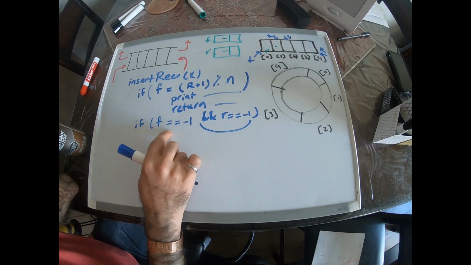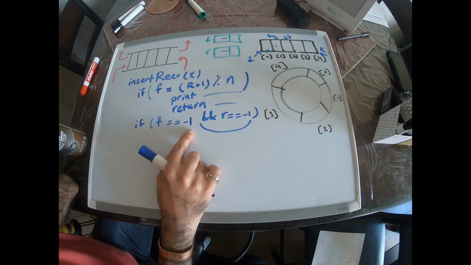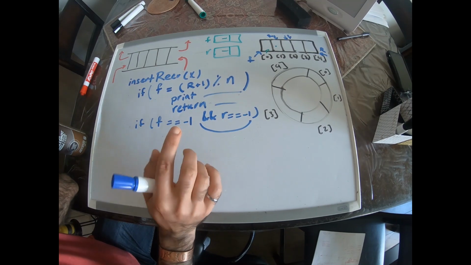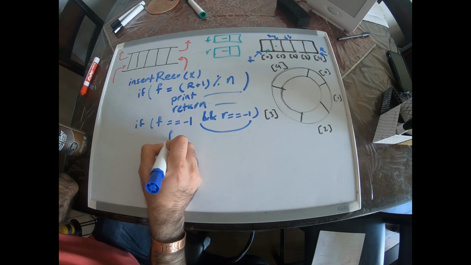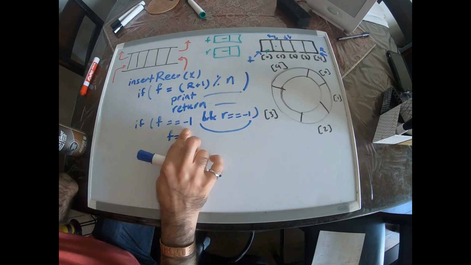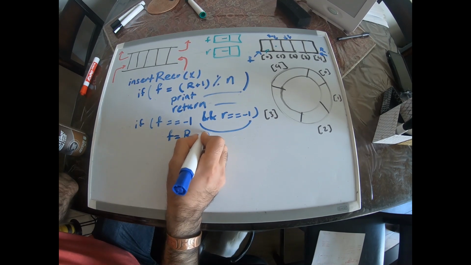If both of them are equal to -1, that means that the deck was empty and we are inserting the first number. So in this case, what do we have to do? Both front and rear are gonna be 0.